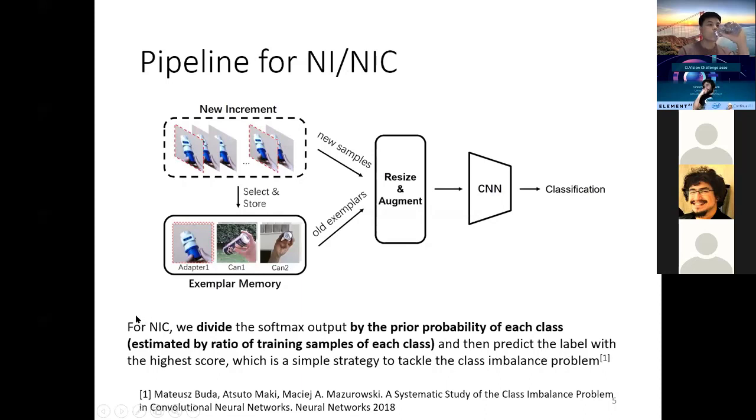One thing to note is that for NIC, we add an additional step, which is to divide the softmax output by the prior probability of each class, estimated by the ratio of training samples of each class. And then we predict the label with the highest score. It is a simple strategy to tackle the class imbalance problem.